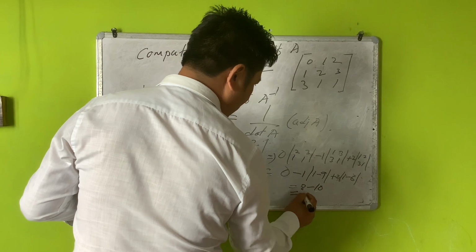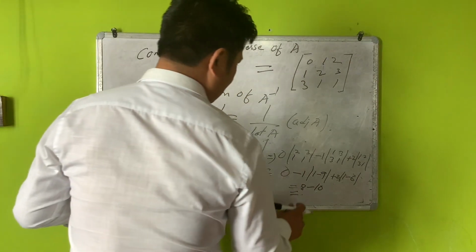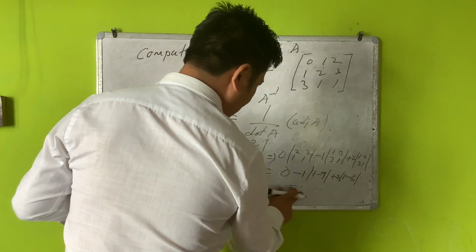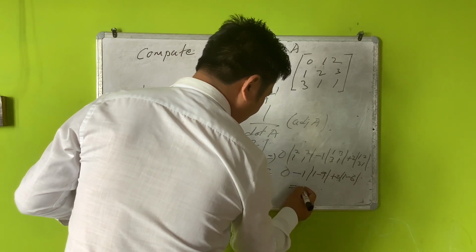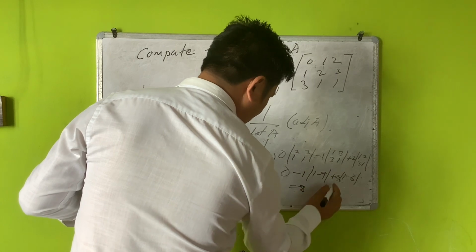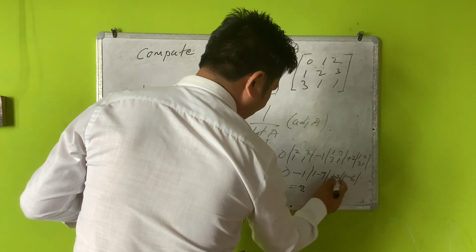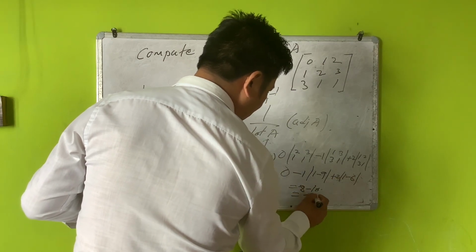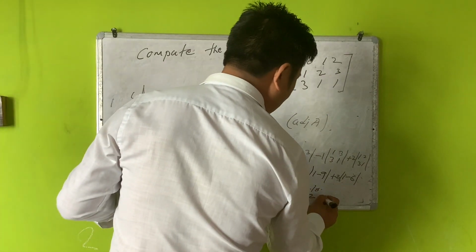So 8 minus 10 is equal to minus 2, which is not equal to 0.